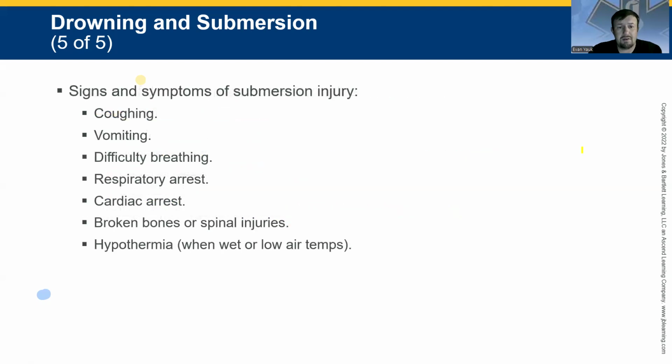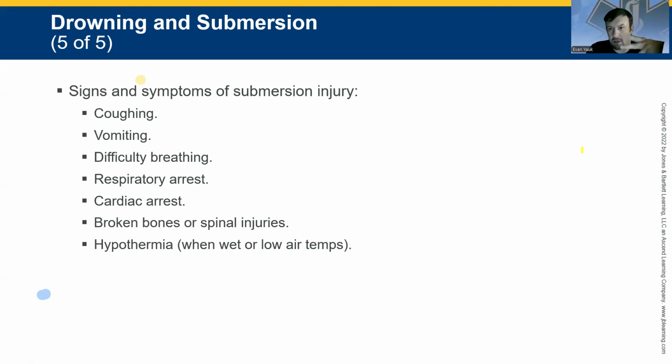Signs and symptoms of a submersion injury are coughing, vomiting, difficulty breathing, respiratory arrest, cardiac arrest, broken bones or spinal injuries, which we'll talk about, or hypothermia when we get in water at low temperatures. So that's a really good order, I just want to point that out.